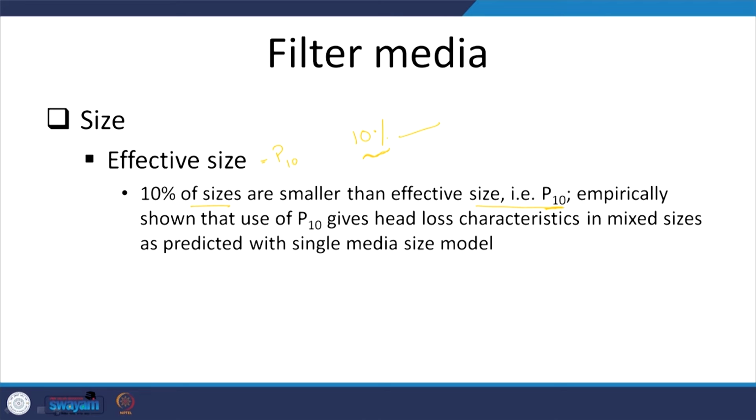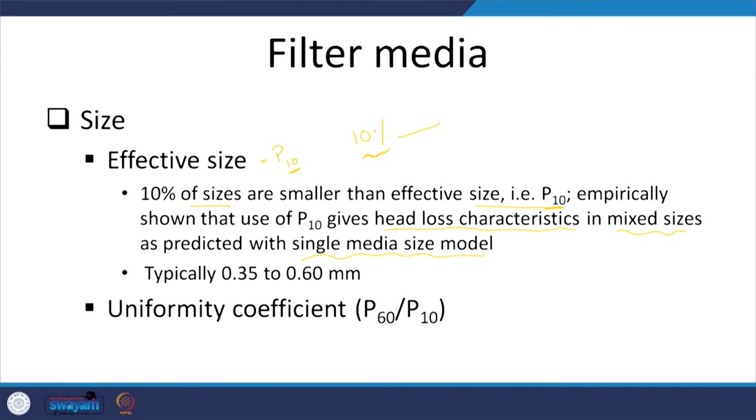Again, different nomenclatures. Empirically it tells me, why is that important? It gives the head loss characteristics in mixed sizes as predicted with a single media size model. Anyway, it gives me an idea about head loss characteristics, right? So that's why we typically look at P10. And then we also look at the uniformity coefficient, how uniform your media is.